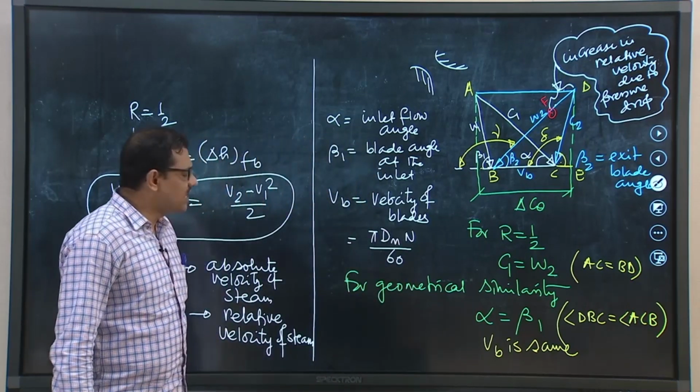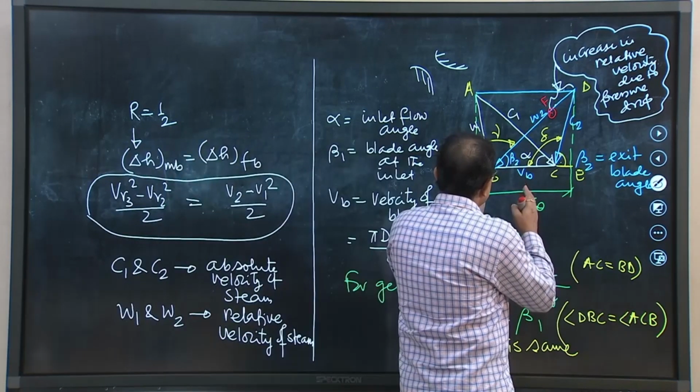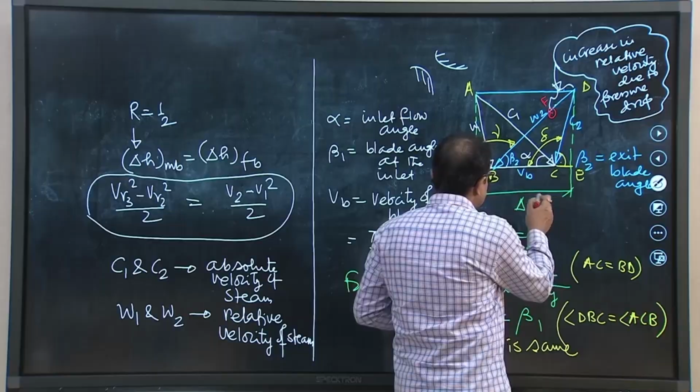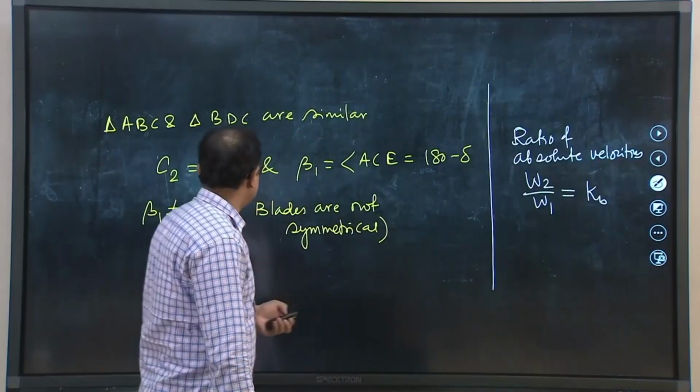So, now our next objective should be to calculate delta C theta, that is the change in swirl component of velocity or whirl component of velocity, which is responsible for the tangential thrust. So, basically there is no axial thrust that we have discussed. So, let me write here.